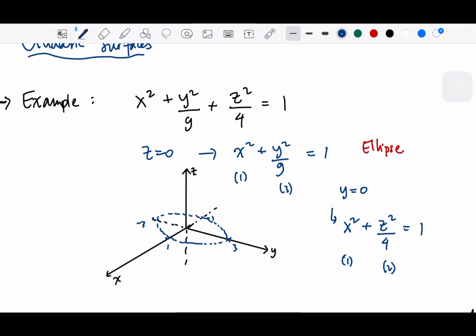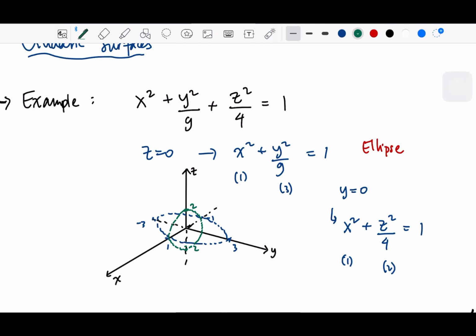Let me write with the green color. So 2 is maybe here and maybe down here. So this will be our ellipse. So we will have both here and both here.